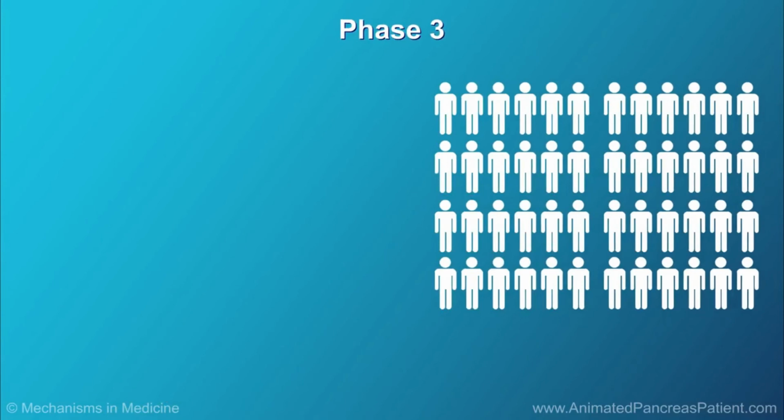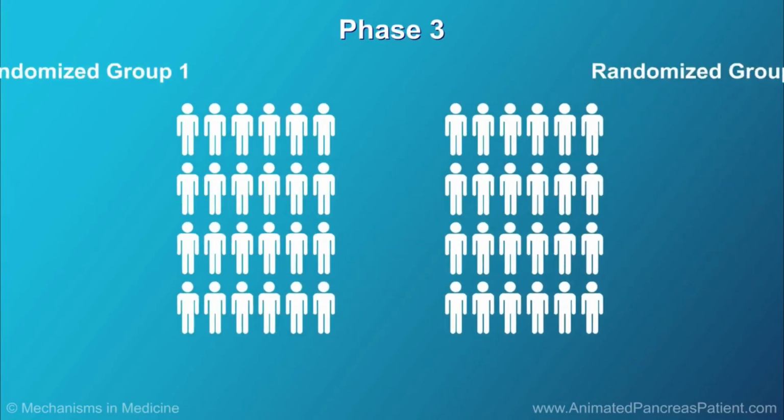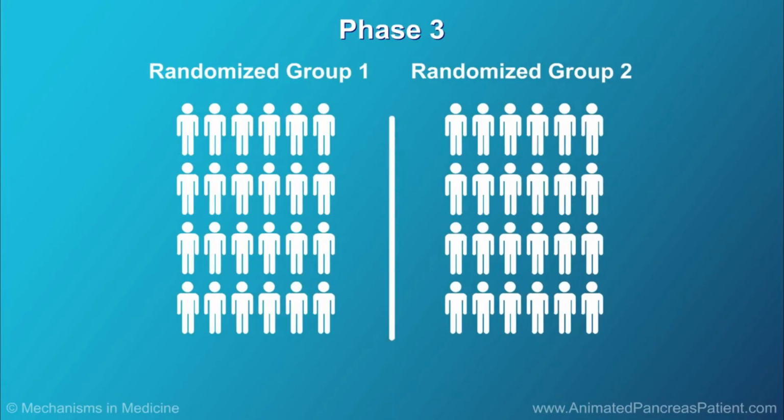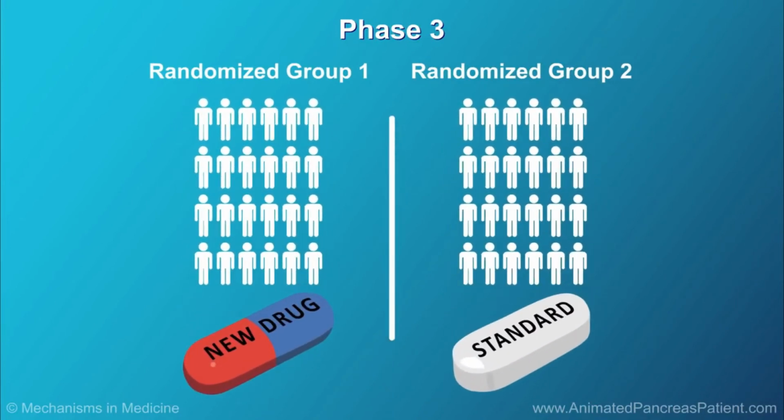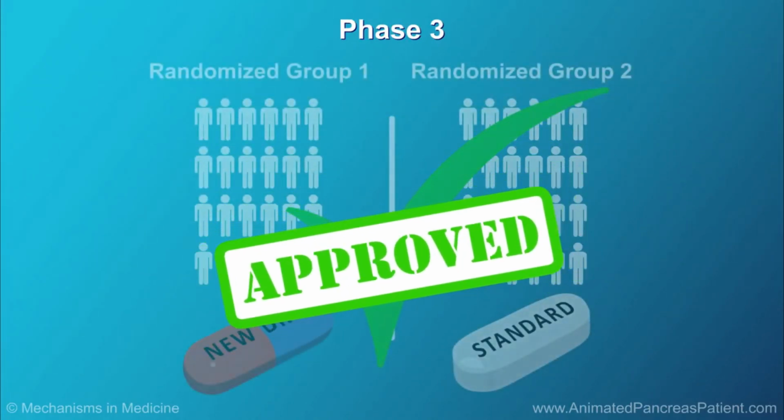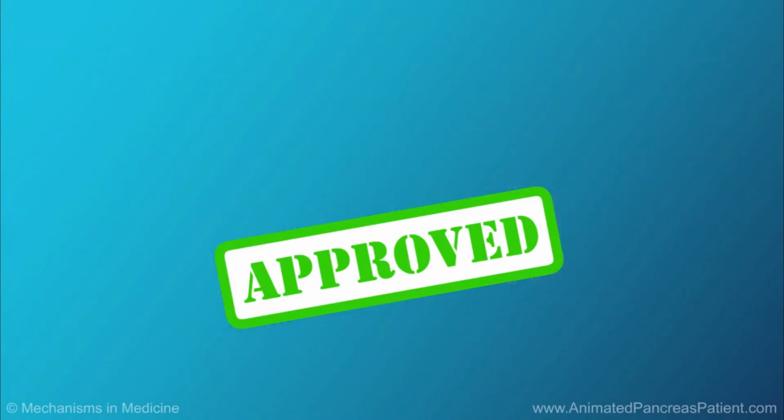Phase 3 trials are conducted in an even larger group of participants. This phase involves a randomized design, comparing the new treatment to the standard treatment. If a Phase 3 clinical trial is positive, typically the new treatment will be approved and licensed for use in the United States by the Food and Drug Administration, or FDA.